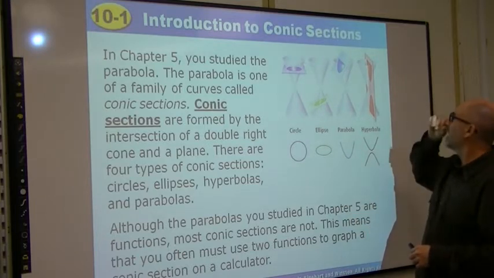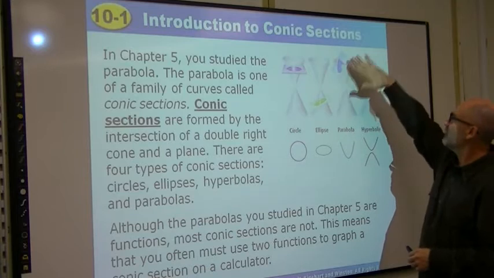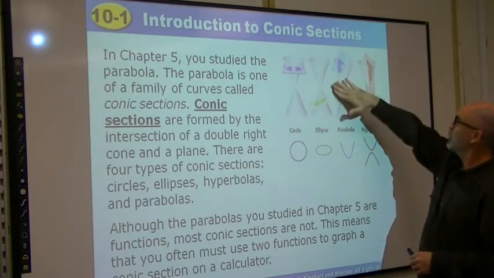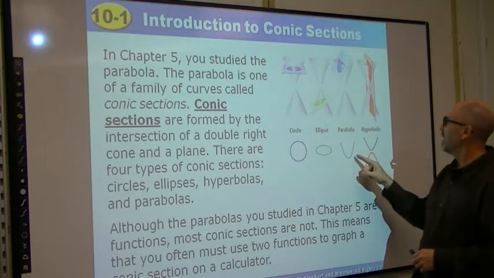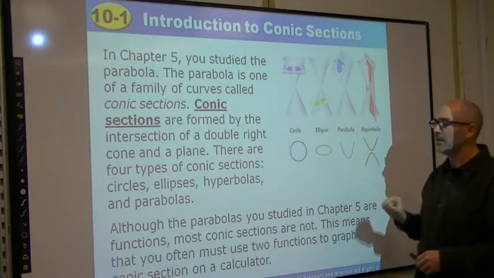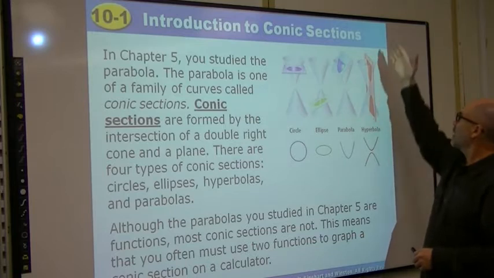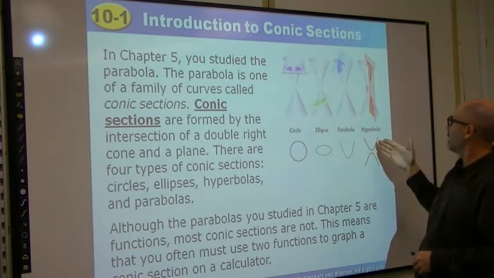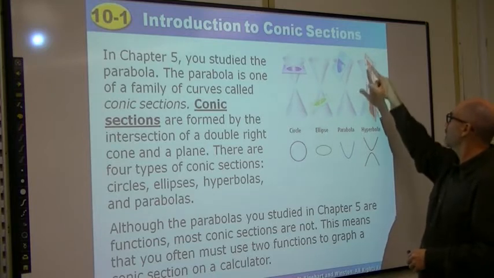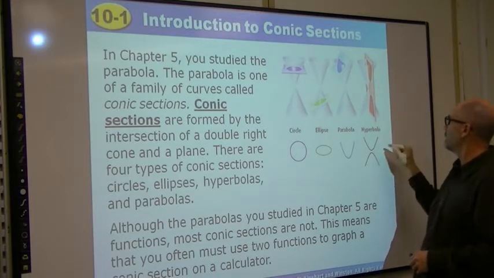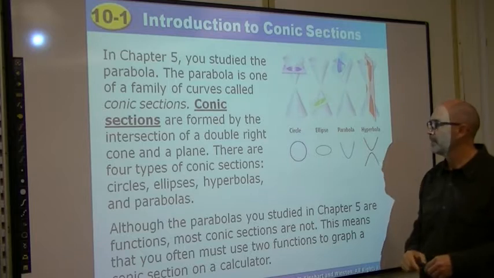And if I slant the plane even further so it only chops off one portion of it, it doesn't go all the way through the cone, then I'm going to end up with a parabola. Now, if I go straight down, then I'm going to end up with a curve that's going up and a curve that's going down, so it becomes a hyperbola.